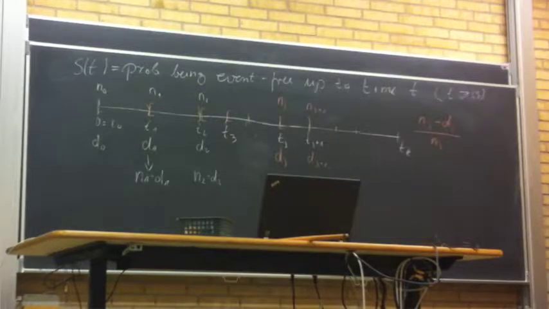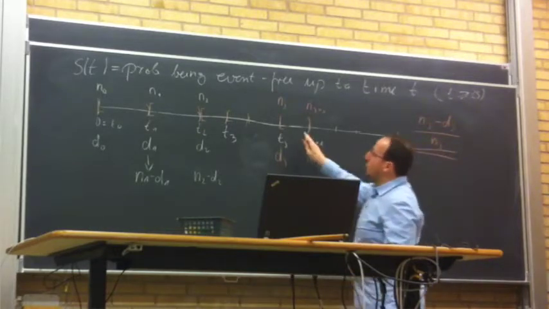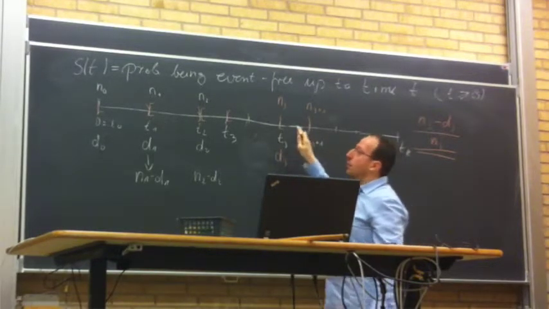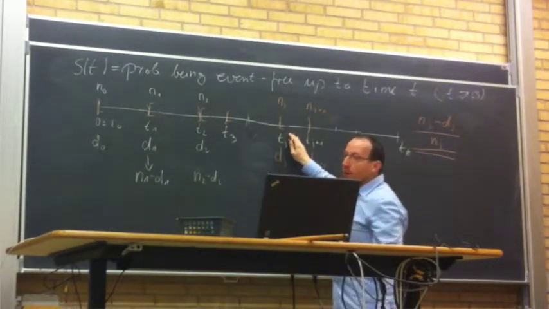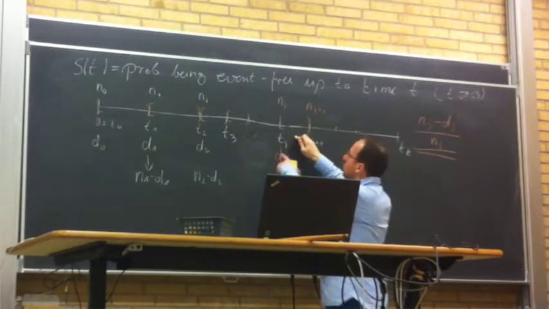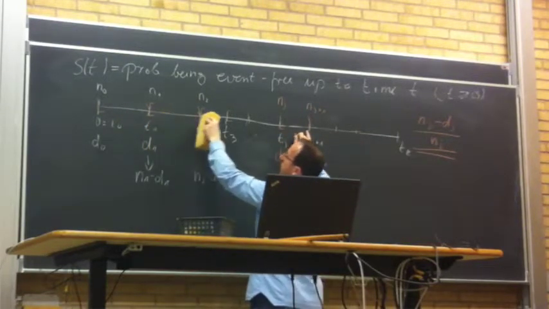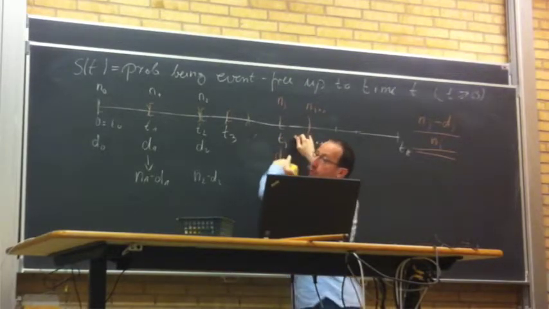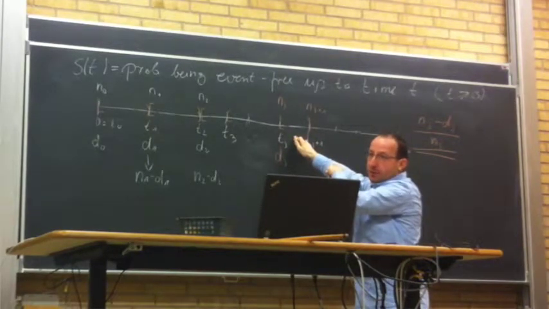So you have to multiply each of these expressions up to the certain interval you are interested in to get a Kaplan-Meier estimator, or an estimation of the survival probability. So if you want this estimation of the survival probability of being event-free up to the beginning of this time interval, you have to multiply all conditional survival probabilities up to this time interval. This is the so-called product formula or Kaplan-Meier estimator.